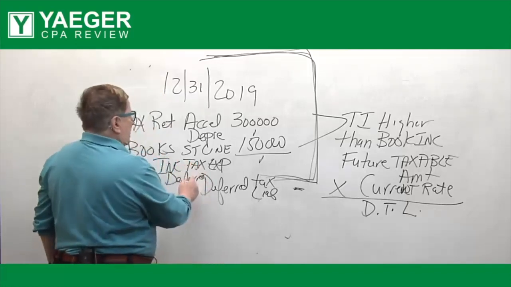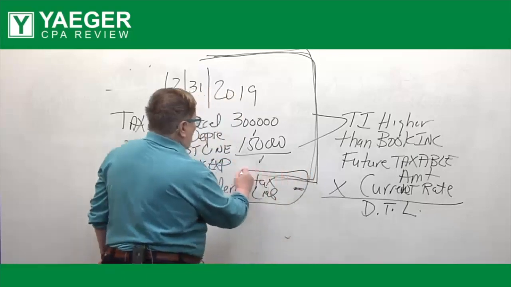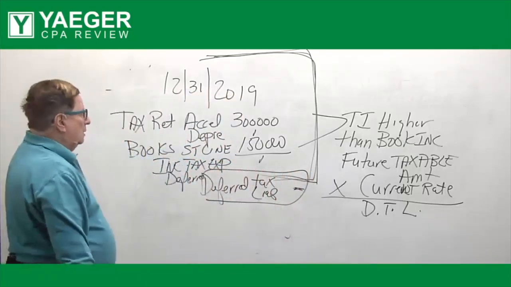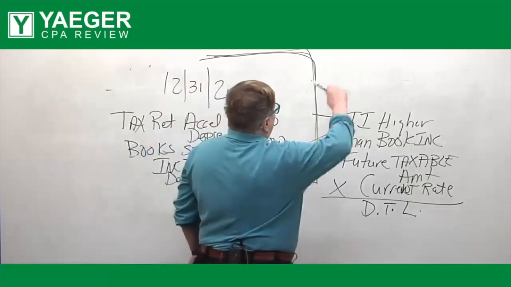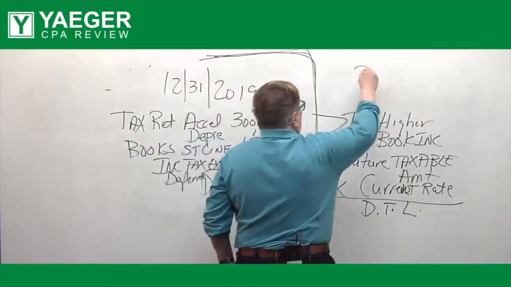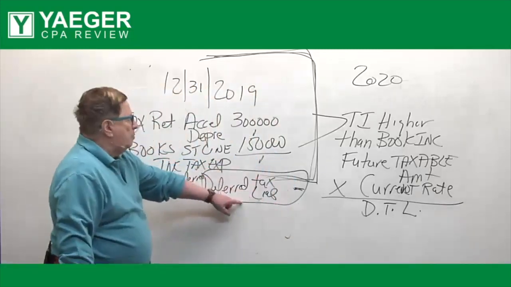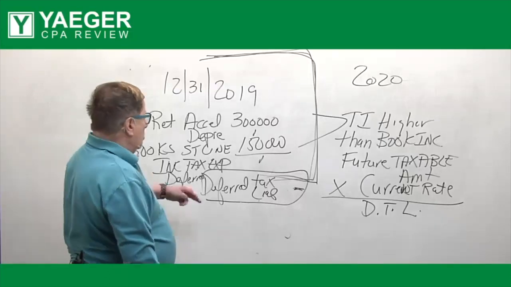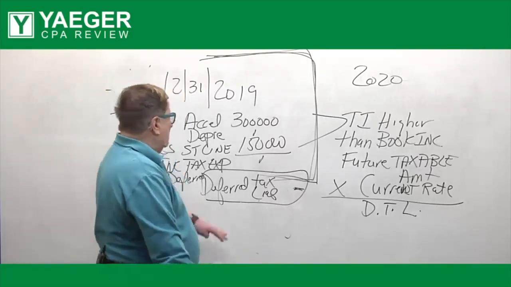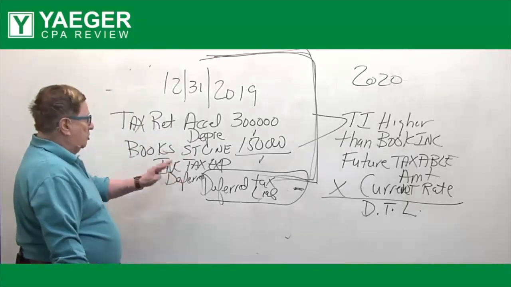The income tax expense deferred is closed out to the income statement, but the deferred tax liability account stays open, and each year you will adjust it. So if at the end of 2020, our deferred tax liability balance should be higher than what we set up at the end of 19, then in 2020, you'll make an entry to increase the deferred tax liability, credit deferred tax liability, and you'll debit income tax expense deferred.